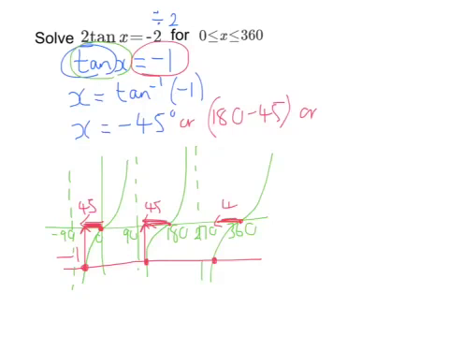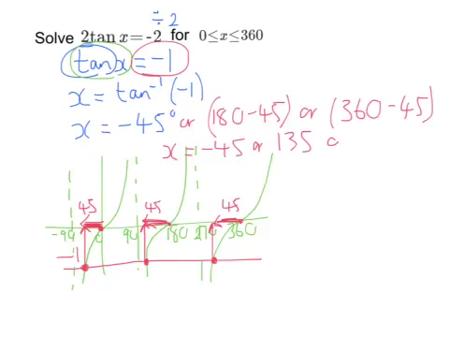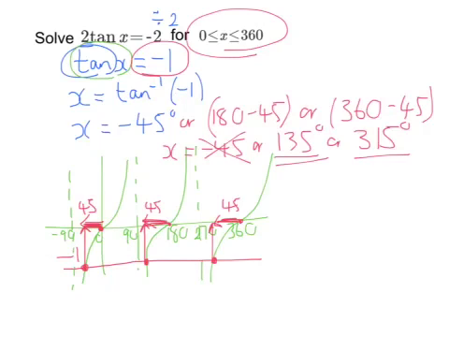So I think this one here is 360 minus 45. So let's neaten those up. I think the answer is minus 45, or 180 minus 45 is 135, or 360 minus 45 is 315. And if I look at my range, I only want answers between 0 and 360, so I cross him off with these two remaining.